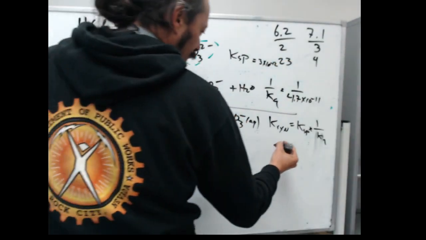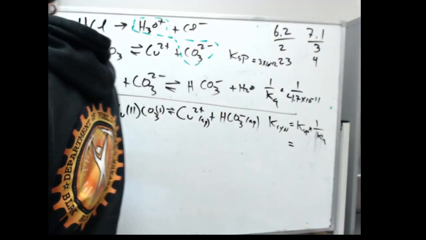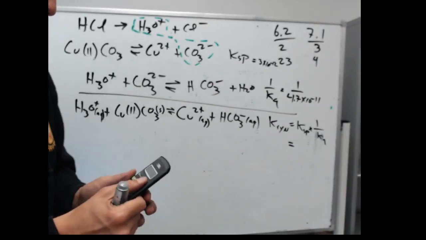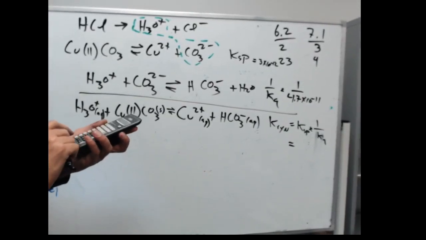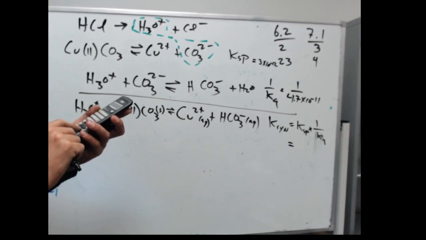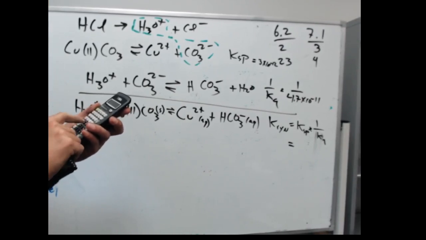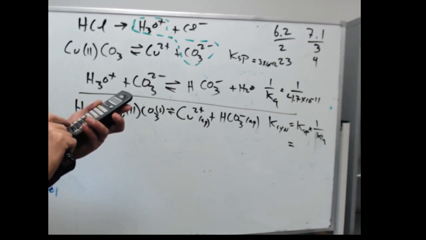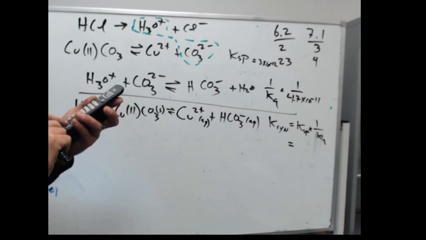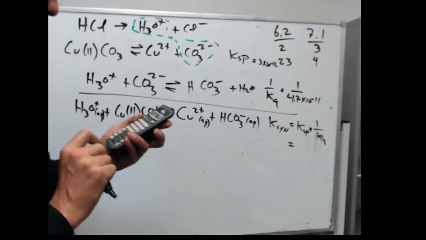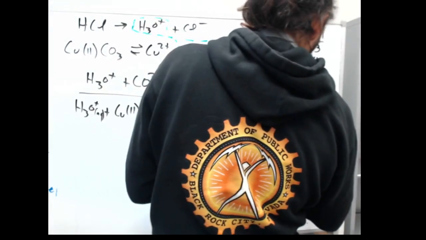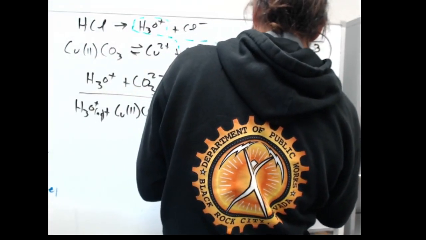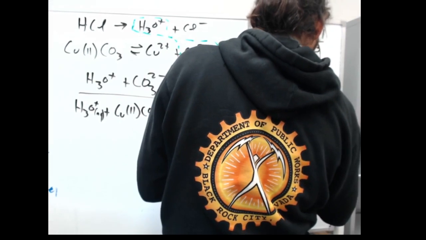So I divide those, and my K reaction ends up being kind of small. This is funny, I'm going to ask you a conceptual question after this. 3 times 10 to the minus 12 divided by 4.7 times 10 to the minus 11. We get a K reaction, a K overall, of 0.0638.